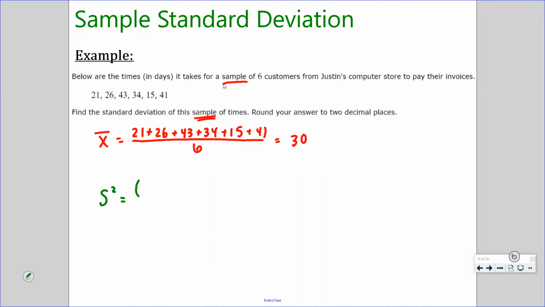Okay, so I start by going through each data point. First, calculate the deviation. So 21 minus, how far is that away from my mean?